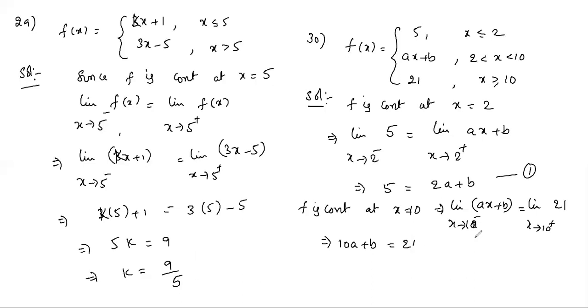Let it be 2. So solving 1 and 2, by subtracting, 8a equals 16, so a value 2, b value 1.